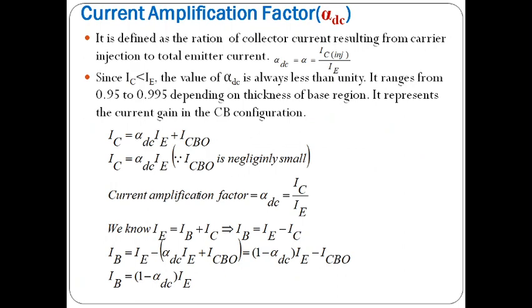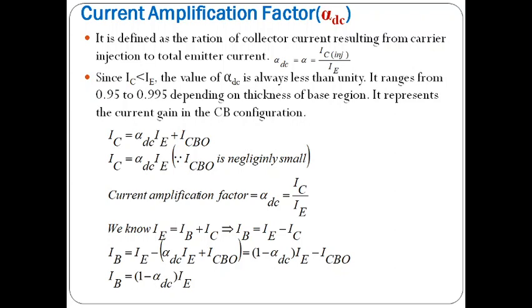Current amplification factor in the common base. Here current amplification is defined as output current to input current. Output current is nothing but the collector current, and input current is the emitter current. So it's the ratio of output collector current to input emitter current. So alpha DC can be written as IC by IE.